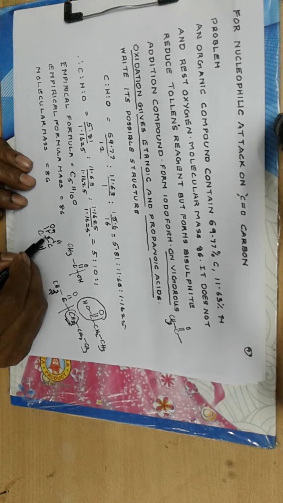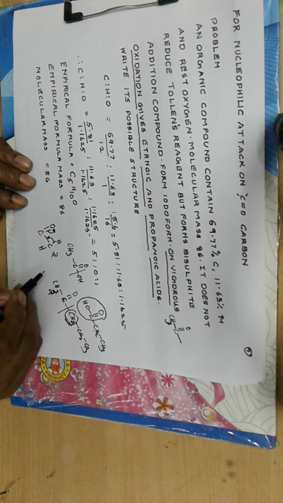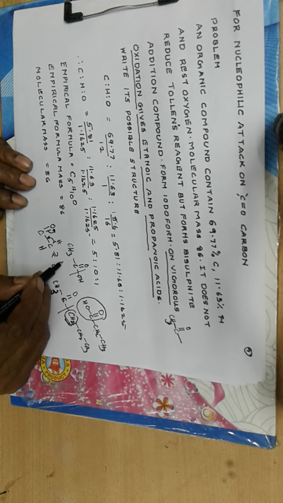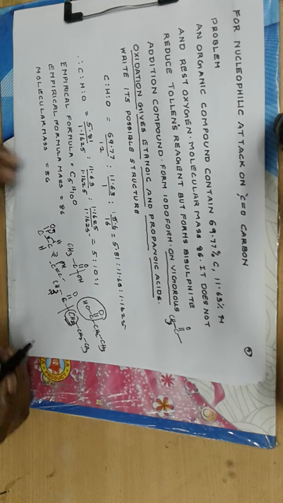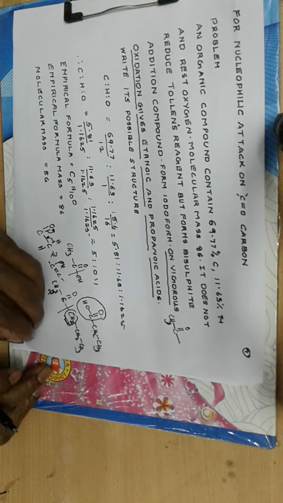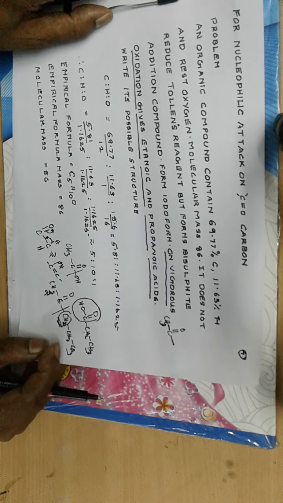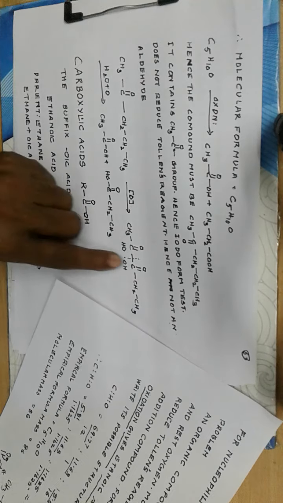This bond will be shifting, O negative, H positive. Both these hydrogens are active, in the sense that they may be easily reacted upon by the oxidizing agent, so that carbon is converted to a carbonyl group.